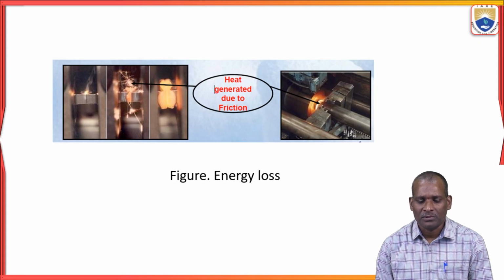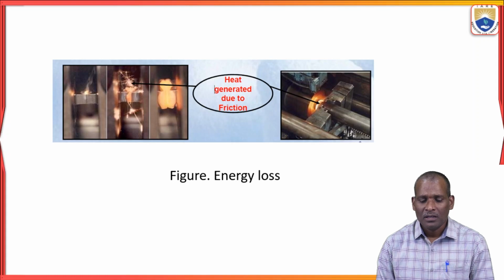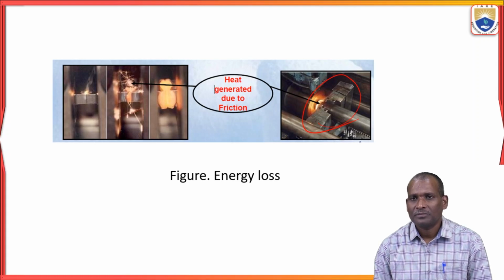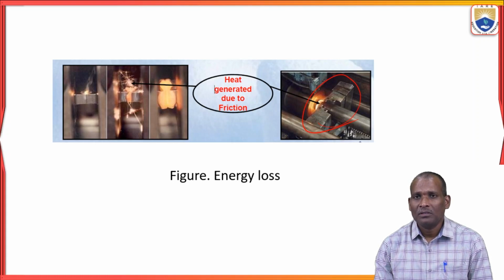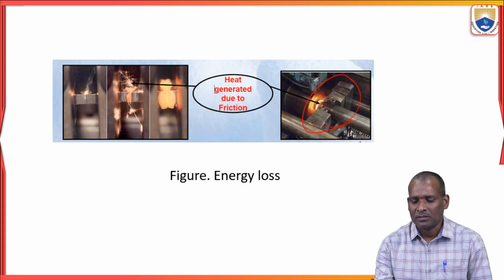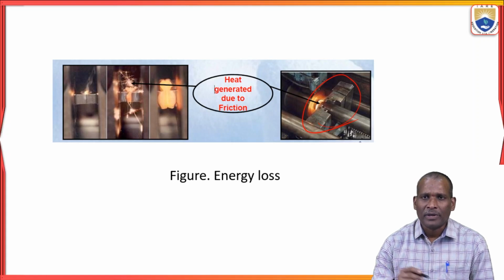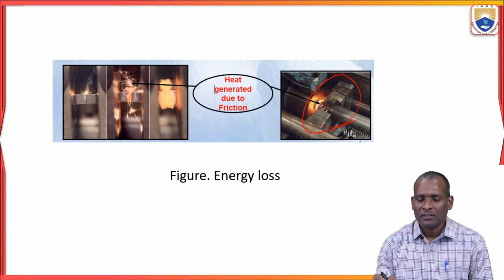See in this diagram, the mechanical element, the machine element, there is heat generation due to friction. In this diagram, when machining or any other mechanical operation is performed, immediately friction will occur between the surfaces.